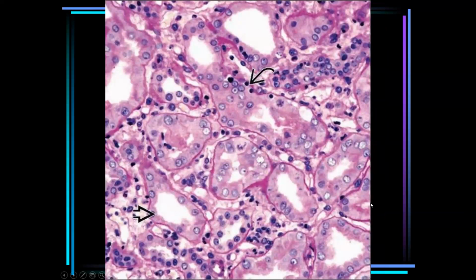Again, if you look at this picture, these are the renal tubules. There is interstitial inflammatory infiltrate present here in these areas. And some of this inflammatory infiltrate is already invading the nearby tubule and the renal tubular epithelial cells, as seen here.